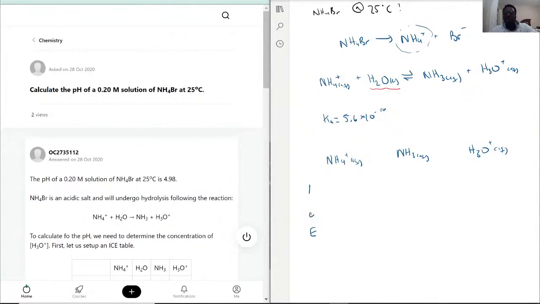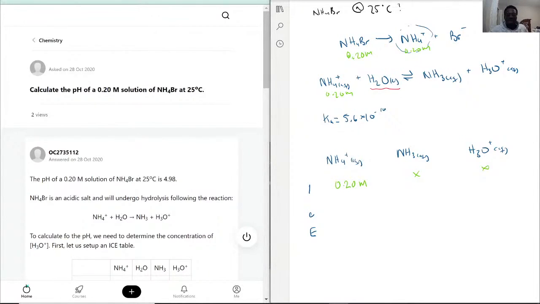Our initial for this is, as I said, 0.20 moles of NH4 plus. That's what we start with. The rest start with nothing, because nothing has been made yet.